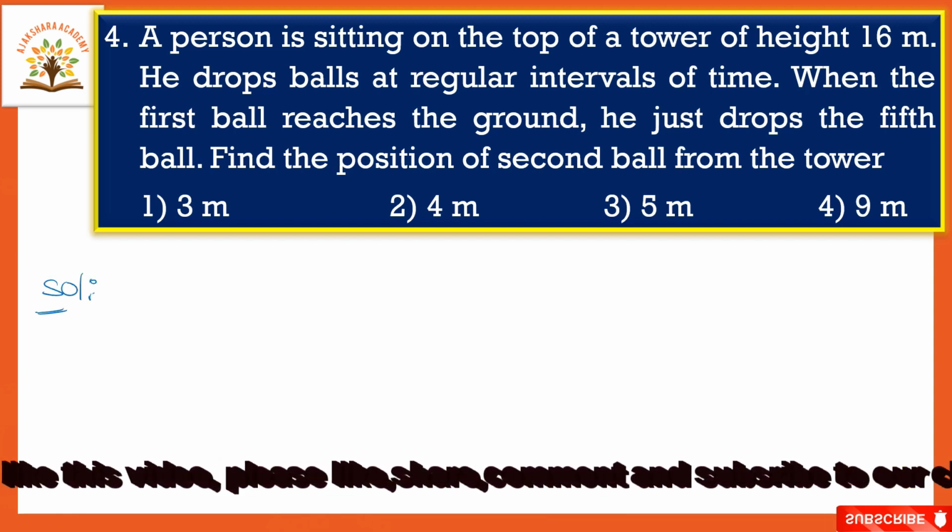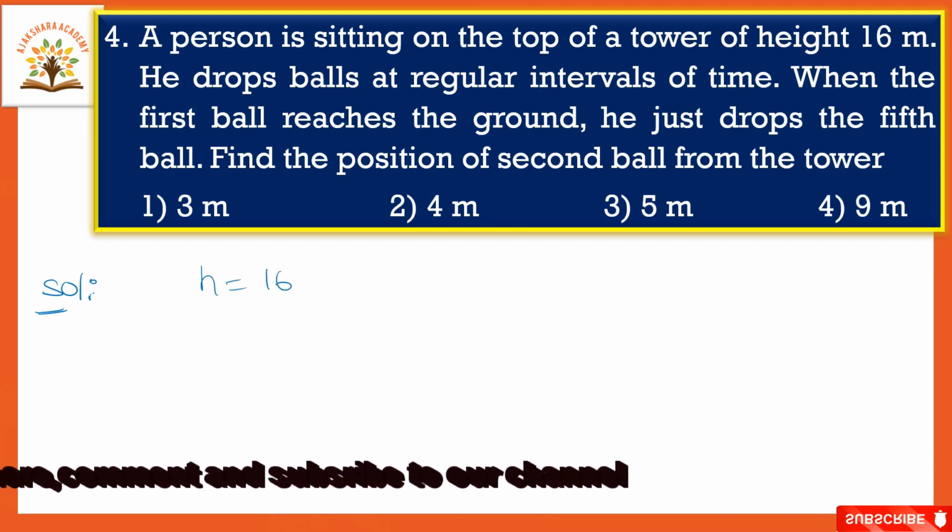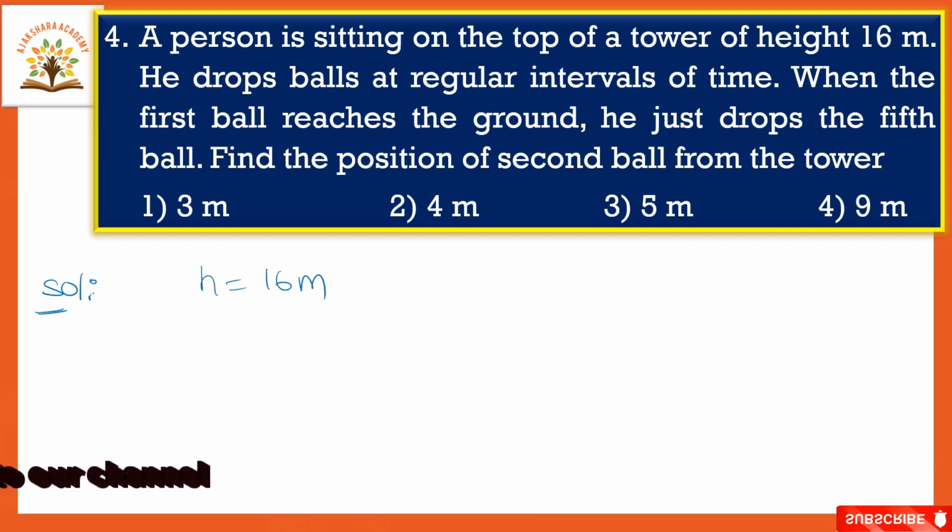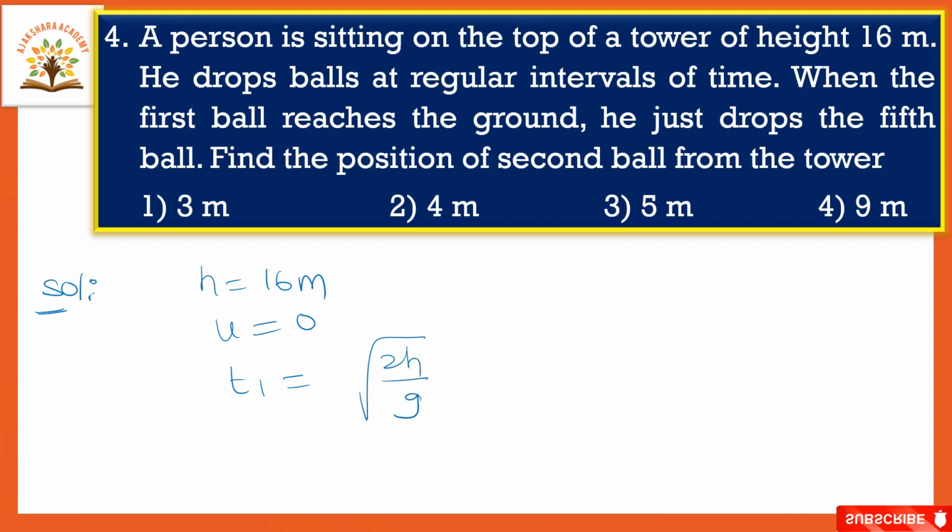Height of the tower h = 16 meters, and its initial velocity is 0. T1 = √(2h/g). Now substituting the h value, 2 into 16 by 10, g value 10.